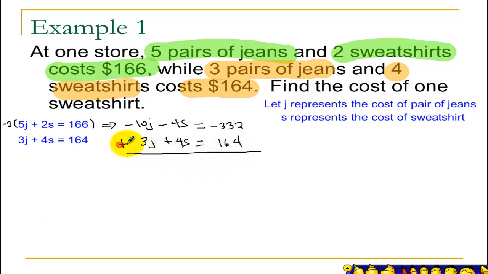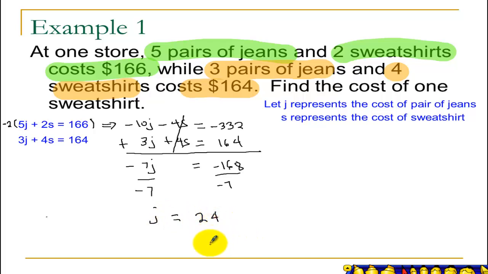Once we add the two equations, we will have negative 7J; the negative 4S and positive 4S will cancel out; equal to negative 332 plus 164, which is equal to negative 168. Divide both sides by negative 7.